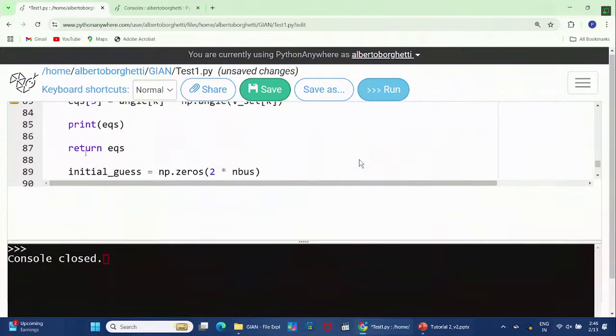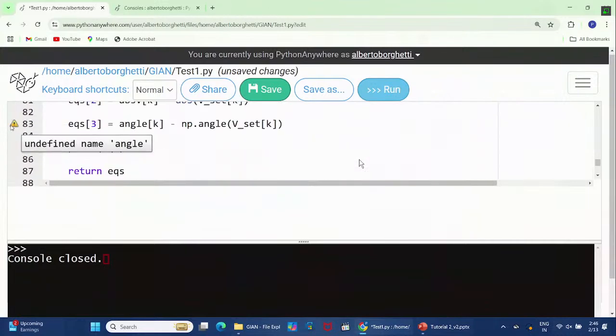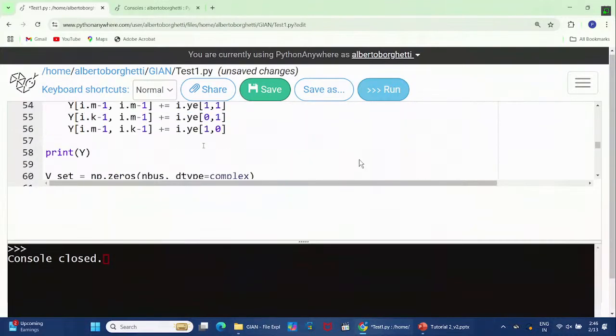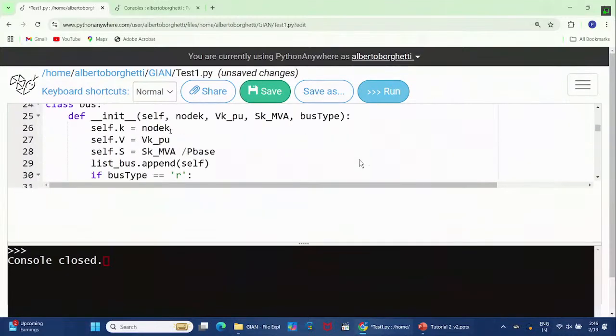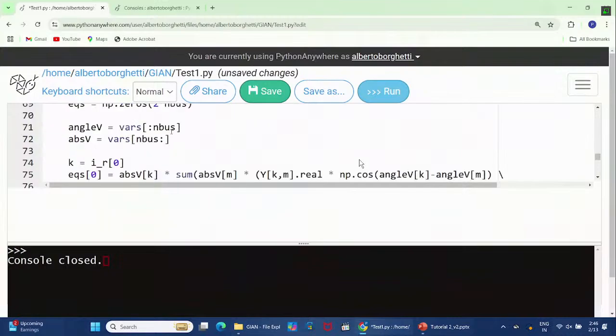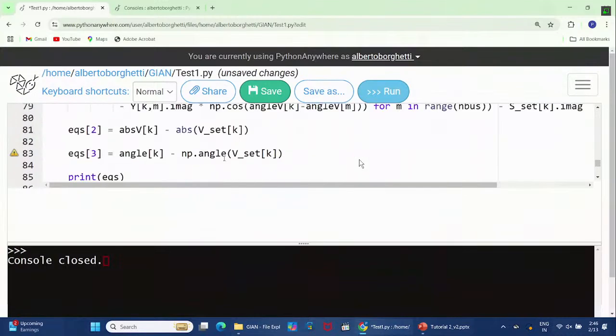Is it complaining somewhere here, undefined angle? It is not undefined. I thought that there was inside numpy, so I started with numpy as np, and np.angle. So why is it complaining? I'm saving.